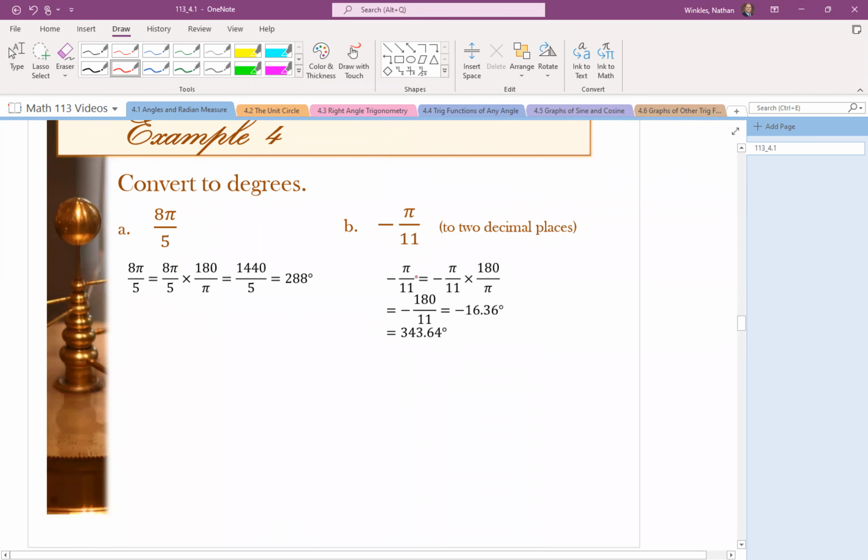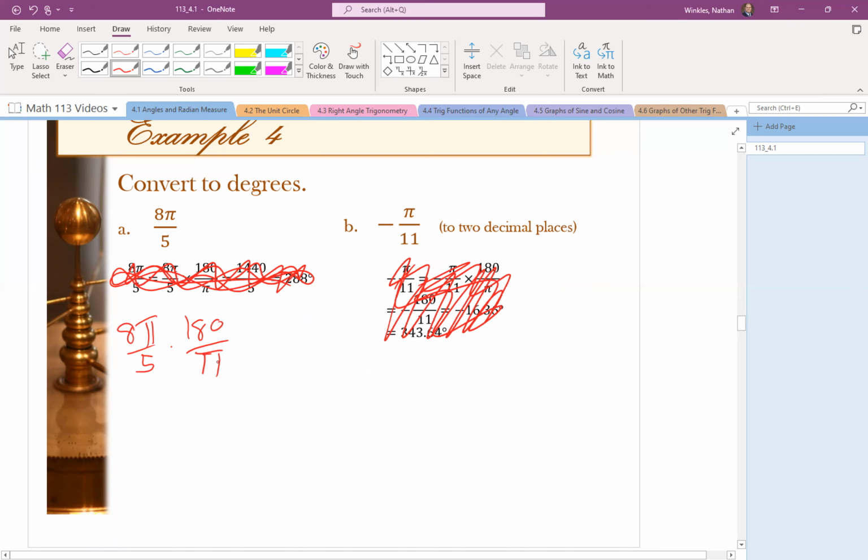So now we're going to go the other way. We're told to convert this to degrees. So given 8 pi over 5, we're going to multiply by 180 over pi. So our pi's will cancel out.